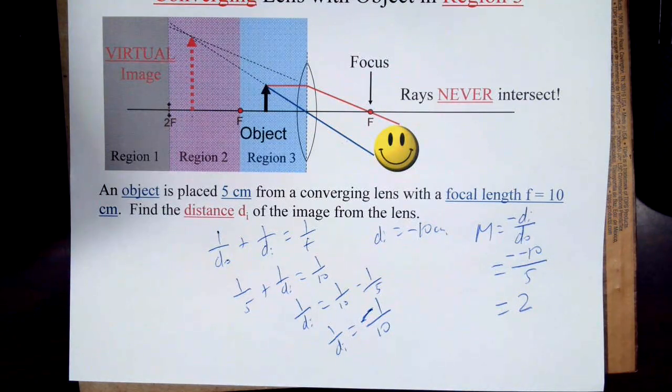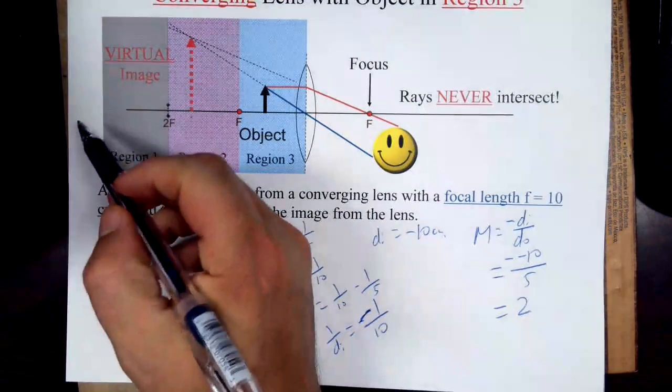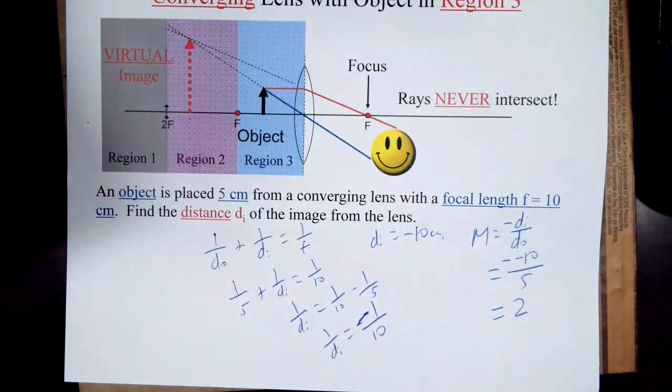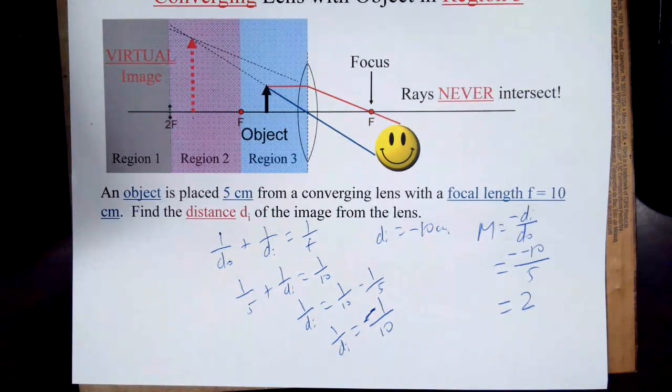Okay, so the idea here is to track through the different spots. So when you start out at infinite distance, your magnification is 0. As you move closer to the focal length, the magnification is negative, so the images are inverted, but that magnification gets larger in magnitude until you hit the focal length.